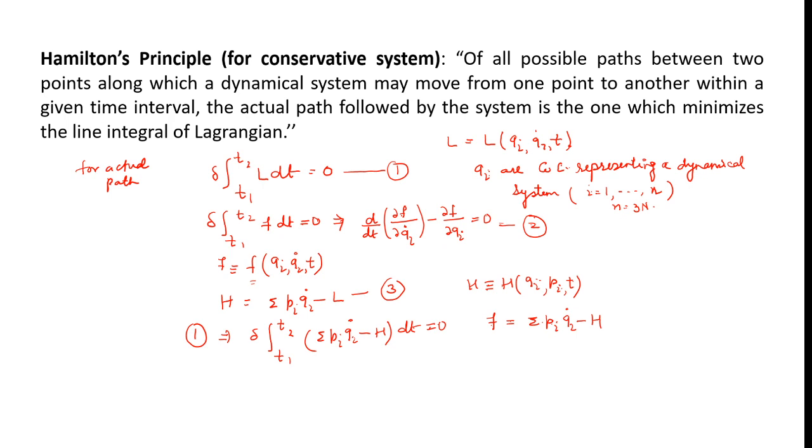And here you see that you are having 2 coordinates. One is qi and another is pi. So what will be the consequences of this equation 2?